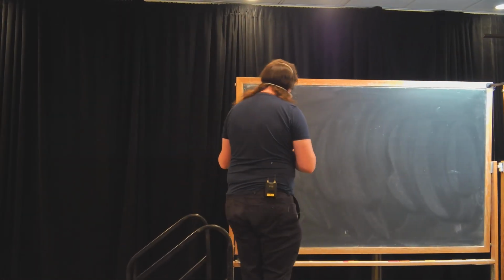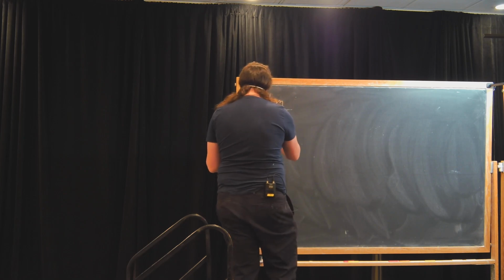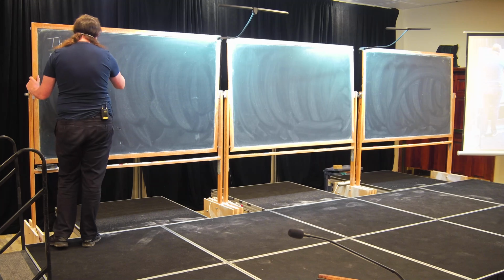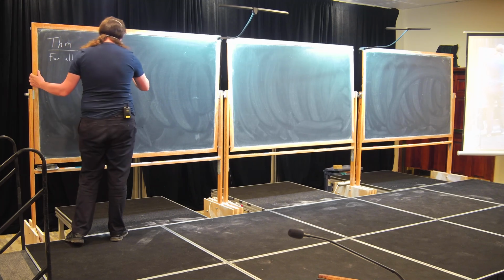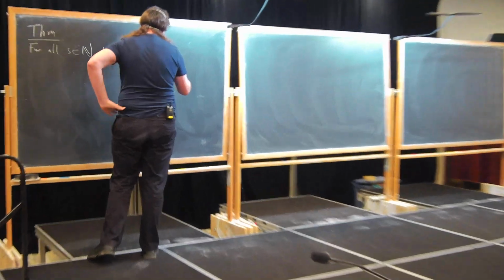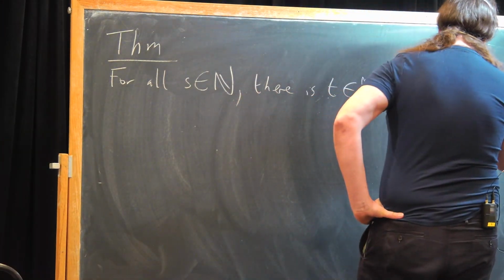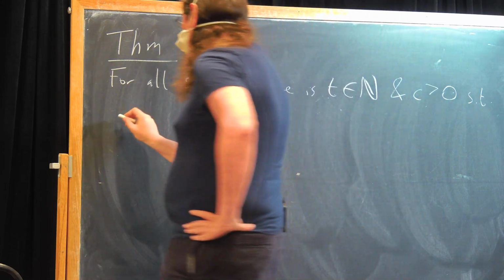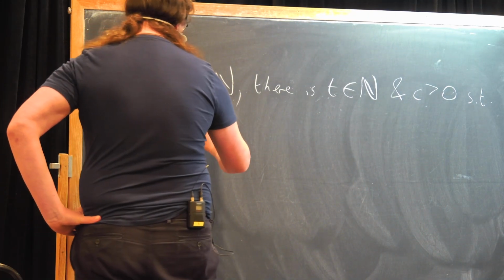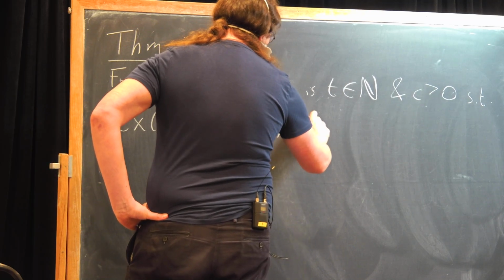What I want to show is that for all s natural numbers, there is a natural number t and some c greater than 0, such that the extremal number of K_{s,t} is at least c times n to the 2 minus 1 over s.